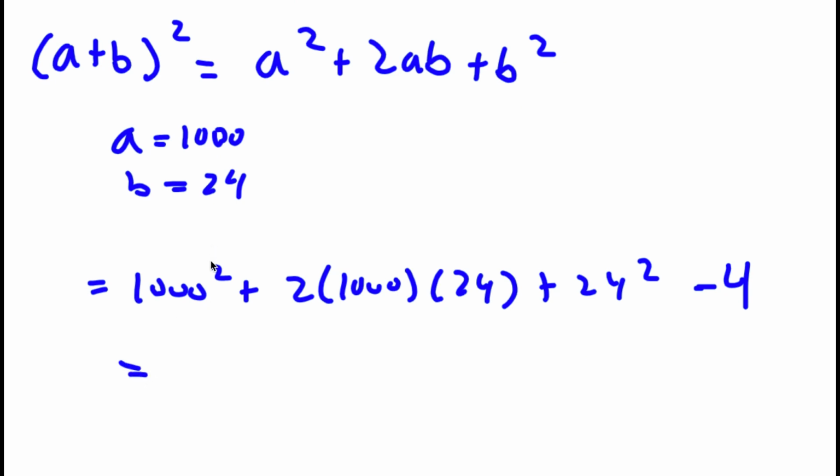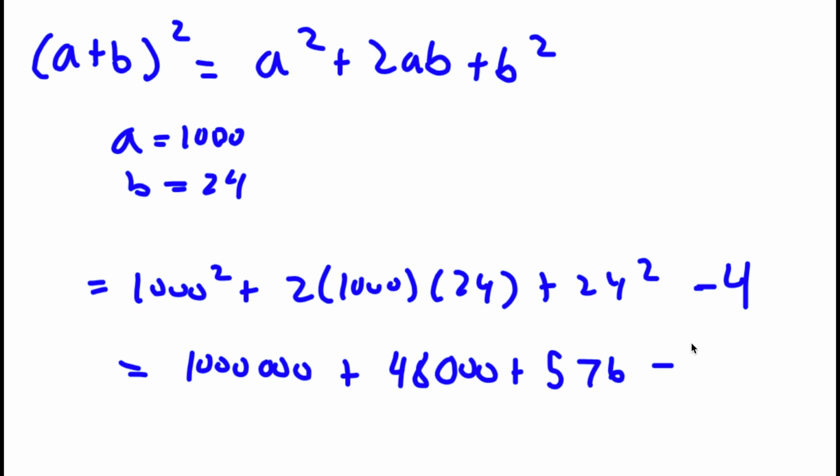Now 1000 squared is equal to 1,000,000. 2 times 1000 is 2000. 2000 times 24 is going to be 48,000. Now 24 squared, that's going to equal 576. So I have 576 minus 4.